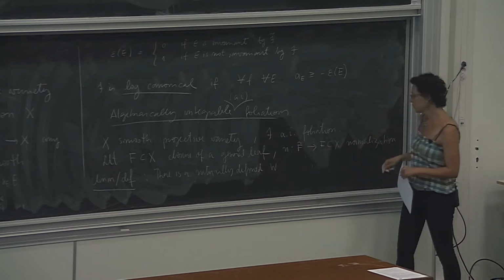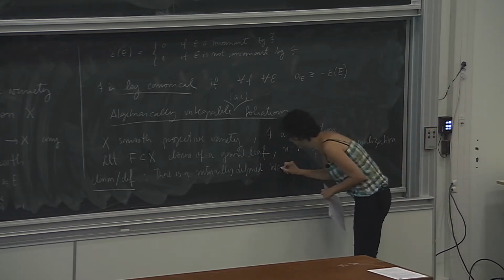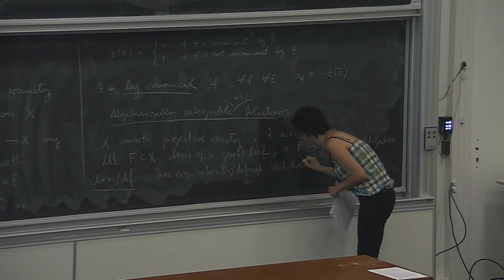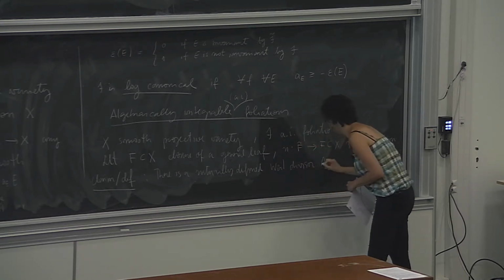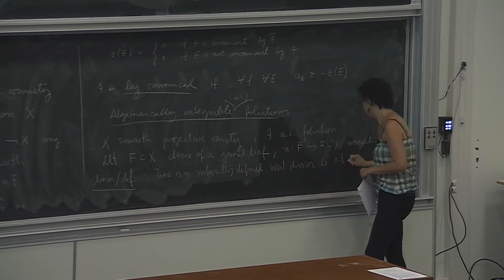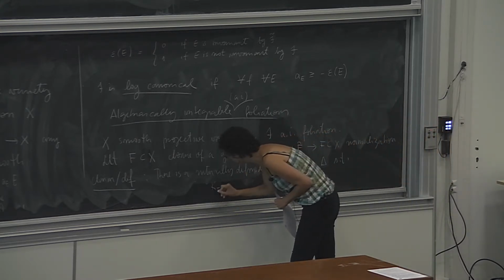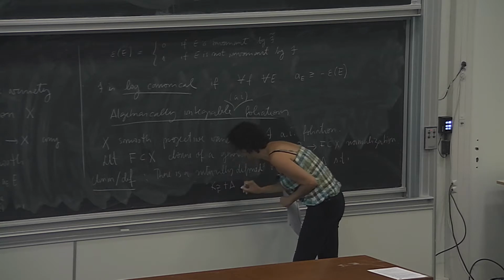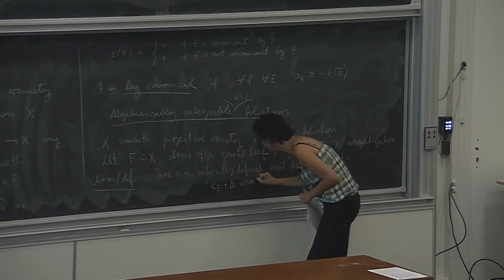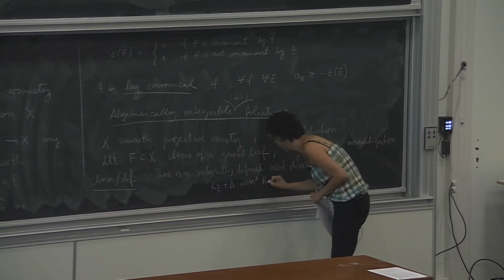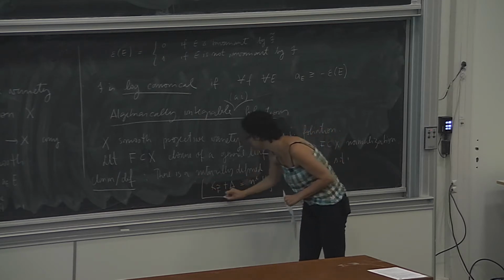So now on the normalization, there is a naturally defined Weil divisor, delta, such that K_F tilde plus delta is the pullback under the normalization of the canonical class of the foliation.